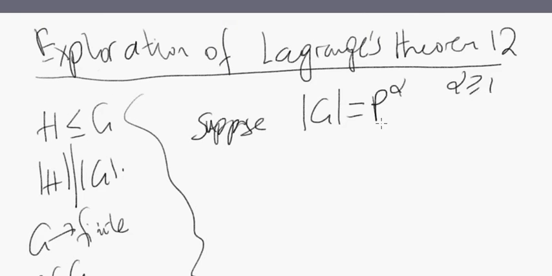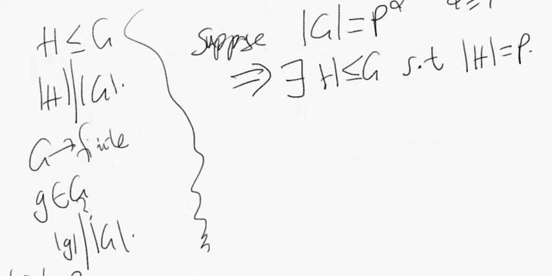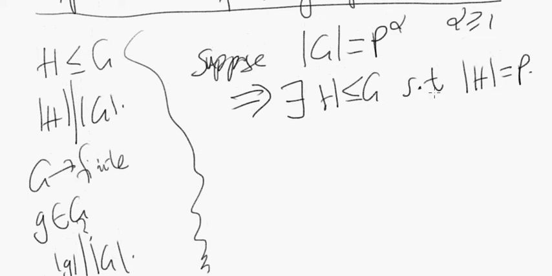Does that necessarily imply that there exists some subgroup H of G such that the order of H equals p? So if the group has order p to the alpha, does that mean there's a subgroup of G that has order p? That's what we're trying to find out.